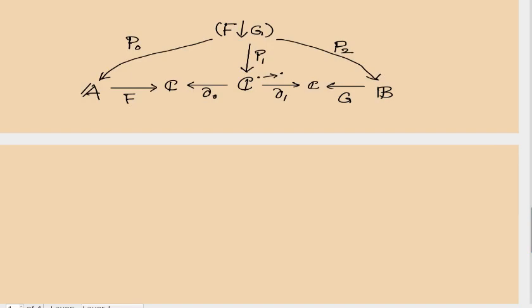Since there are these two functors, I have from the arrow category a functor into this product category.